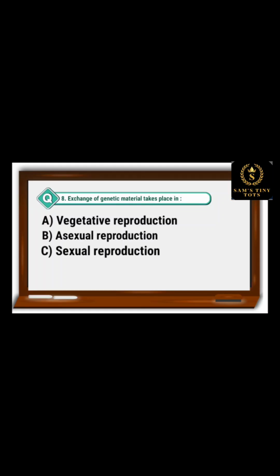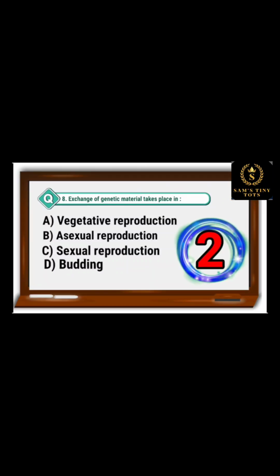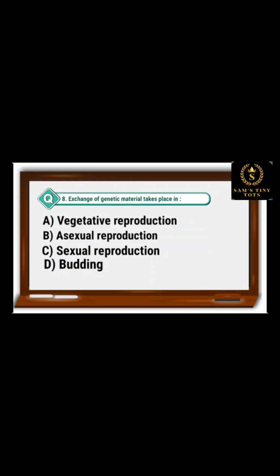Exchange of genetic material takes place in option A vegetative reproduction, option B asexual reproduction, option C sexual reproduction, and option D budding. And the correct option is option C sexual reproduction.